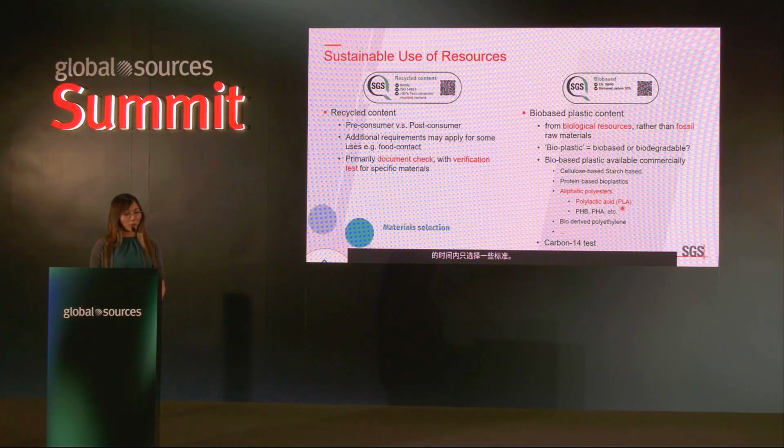On the first requirement, the sustainable use of resource, material selection can be one of the major criteria here. In here, recycled content and bio-based plastic contents can minimize the impact of your material in products. For recycled content, it can be further classified into pre-consumer and post-consumer recycled contents.